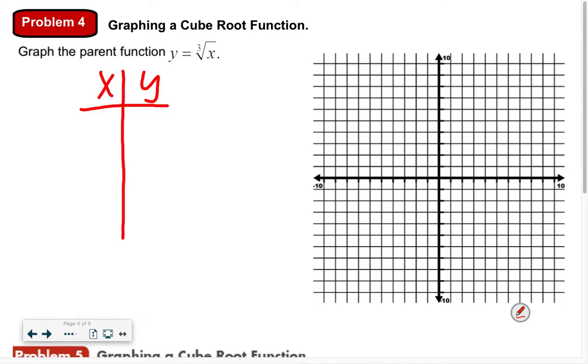Is 0 a good point? Yeah, cube root of 0 is 0. Is 1 a good point? Yes. What's the cube root of 1? 1. 8's the next one? Because what do I get out? 2.